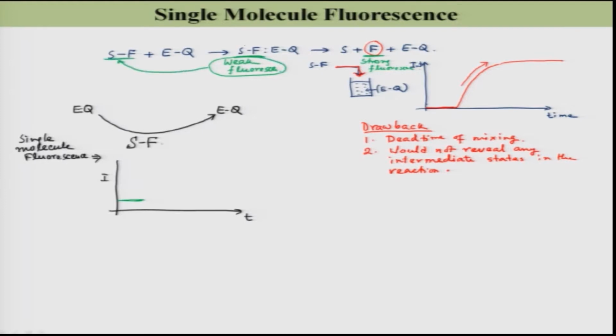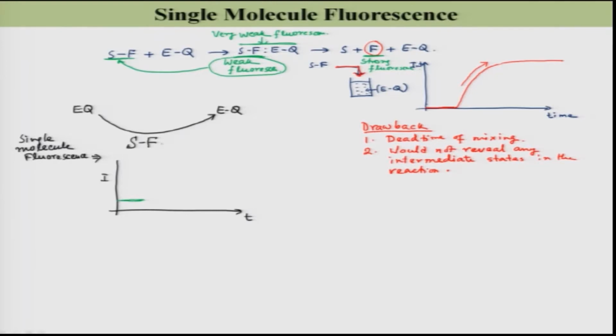But when it is in this form, obviously the Q is nearby, so that means very weak fluorescence. This one is very weak fluorescence.